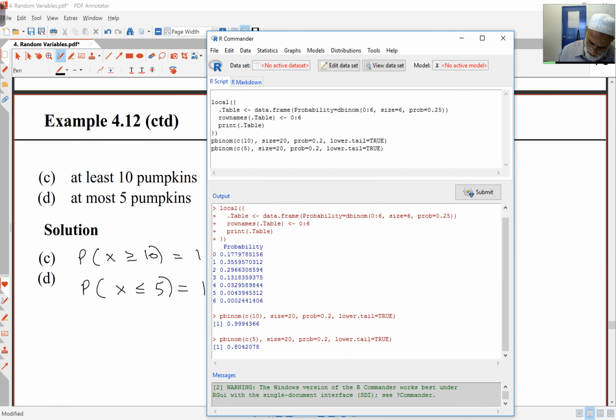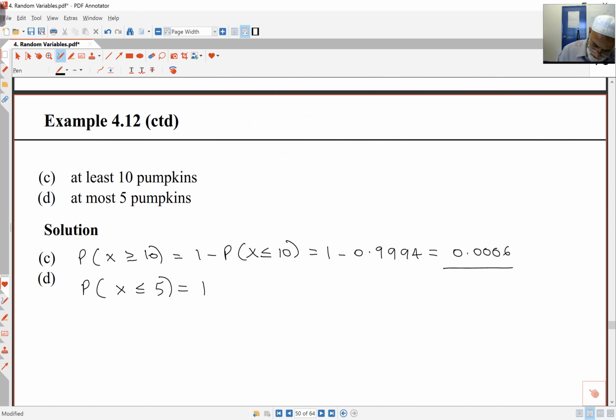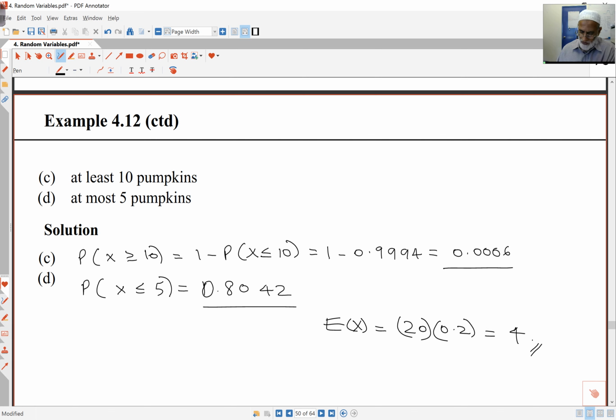And I get 0.8042. So 80% chance of getting less than or equal to 5. Now in this case, of course, the mean number of pumpkins I'm expecting is np. That's 20 times 0.2. In other words, I'm expecting only 4 pumpkins out of this. So that means most of the time I'll get around 4. So more than 10 is highly unlikely, as you can see from here.